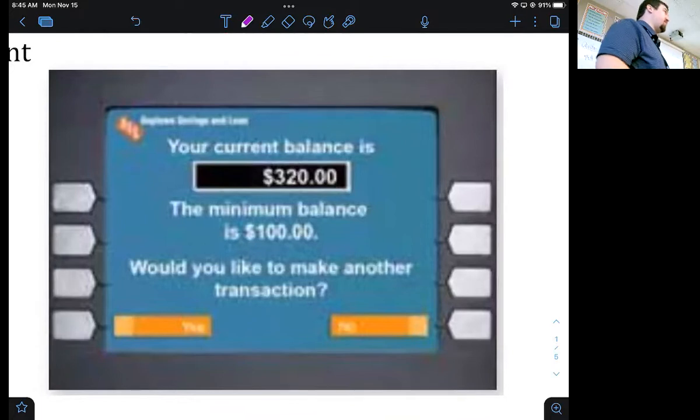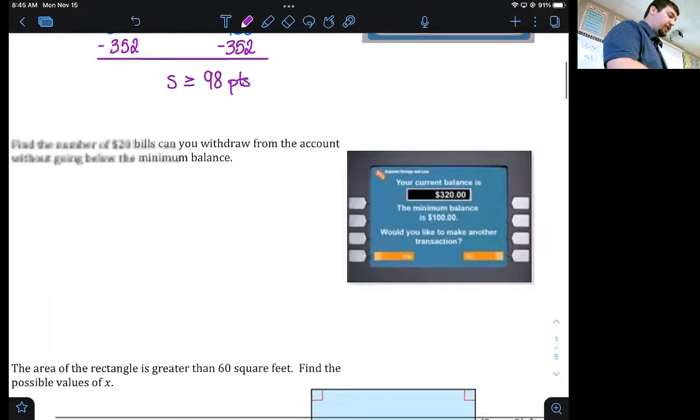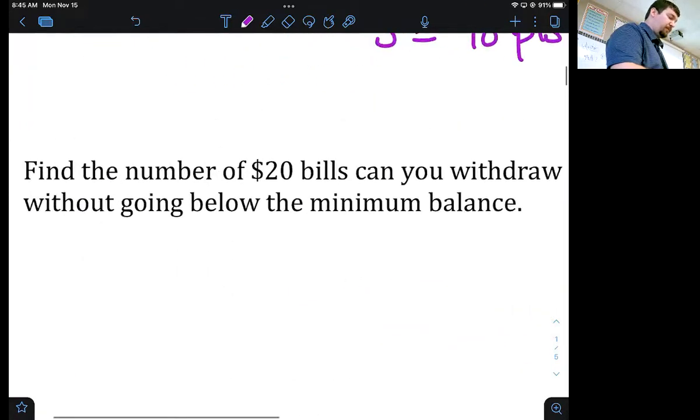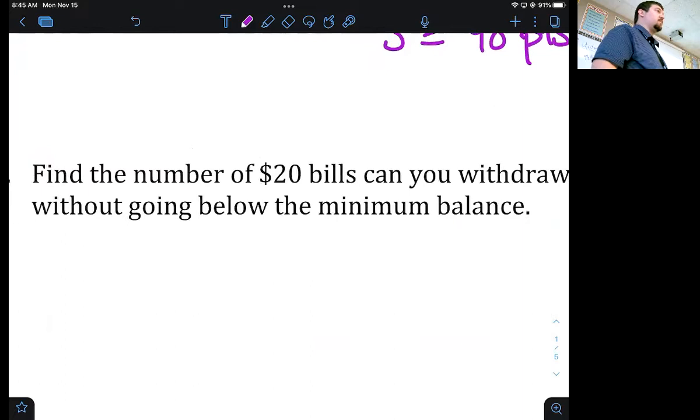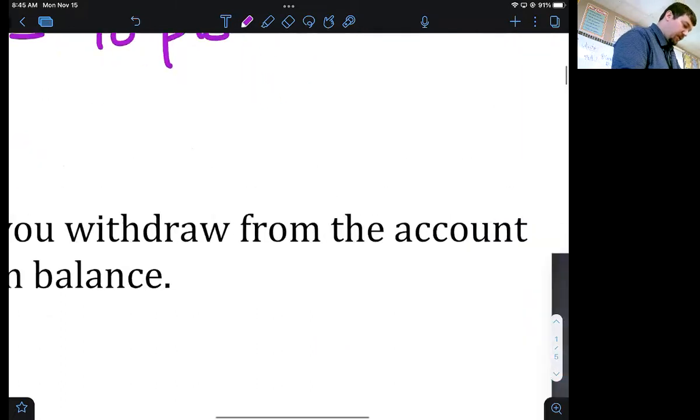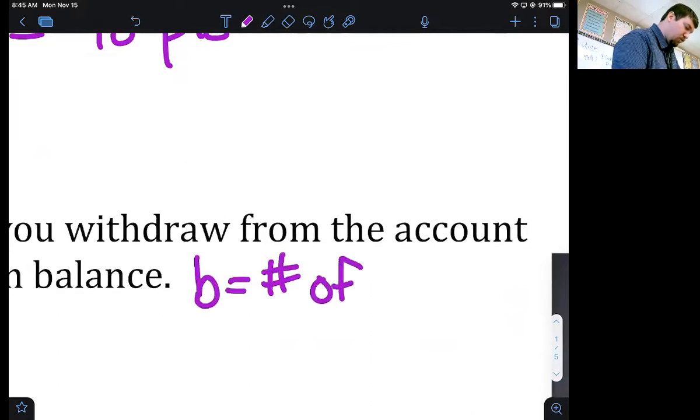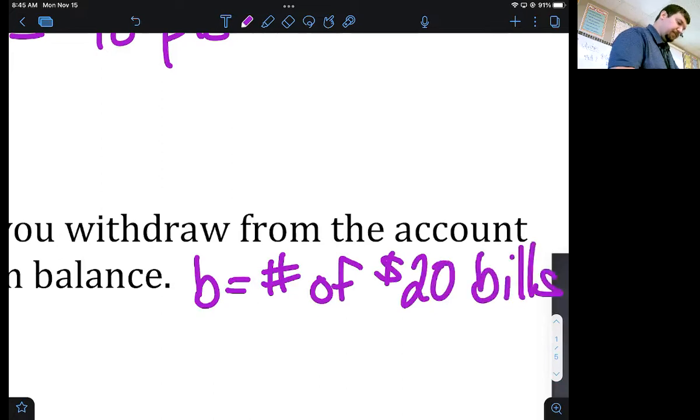We want to know how many $20 bills we can pull out and still have at least our minimum balance in this account. So we're going to define our variable, the number of bills. What letter should we use? B. So B is going to represent the number of $20 bills.